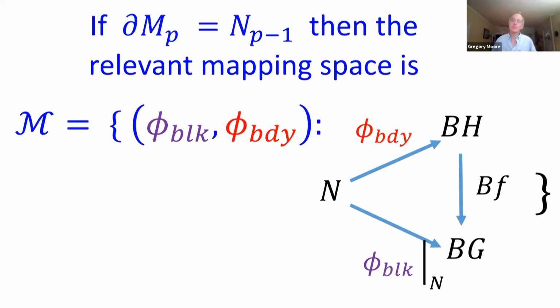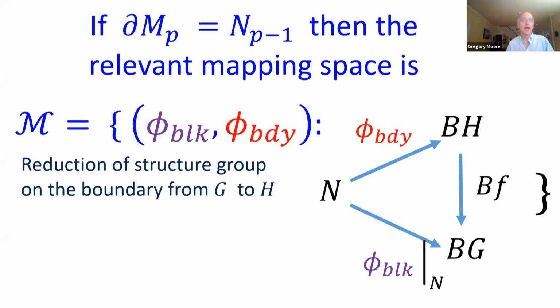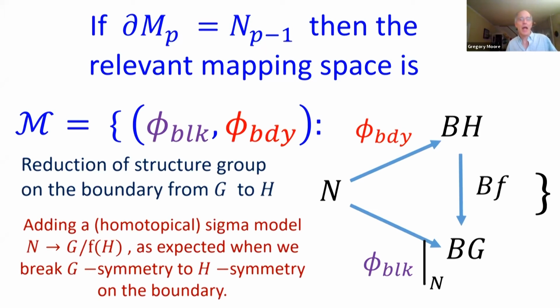If you sit down and think about what this consistency condition is saying, it's just saying the very natural thing in gauge theory, that on the boundary, you're reducing the structure group of the boundary from G bundles to H bundles. And if you work out what this is saying about the degrees of freedom on the boundary, you're just getting a homotopical sigma model of maps from the boundary N to the coset space G mod f of H, which is exactly what you expect when you have spontaneous symmetry breaking from G symmetry to H symmetry. So it really makes a lot of sense.